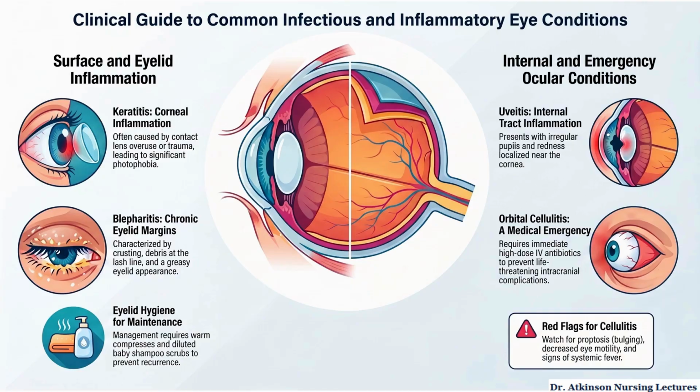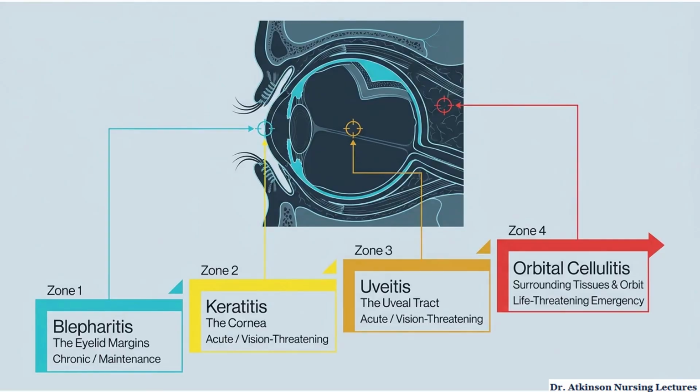Let's get into it. Think of these 4 conditions as a layered map, moving from outside the eye inward. Zone 1 is blepharitis, the eyelid margins, the outermost layer. Chronic, maintenance level management. Zone 2 is keratitis, the cornea, your transparent window into the eye. Acute and potentially vision-threatening.